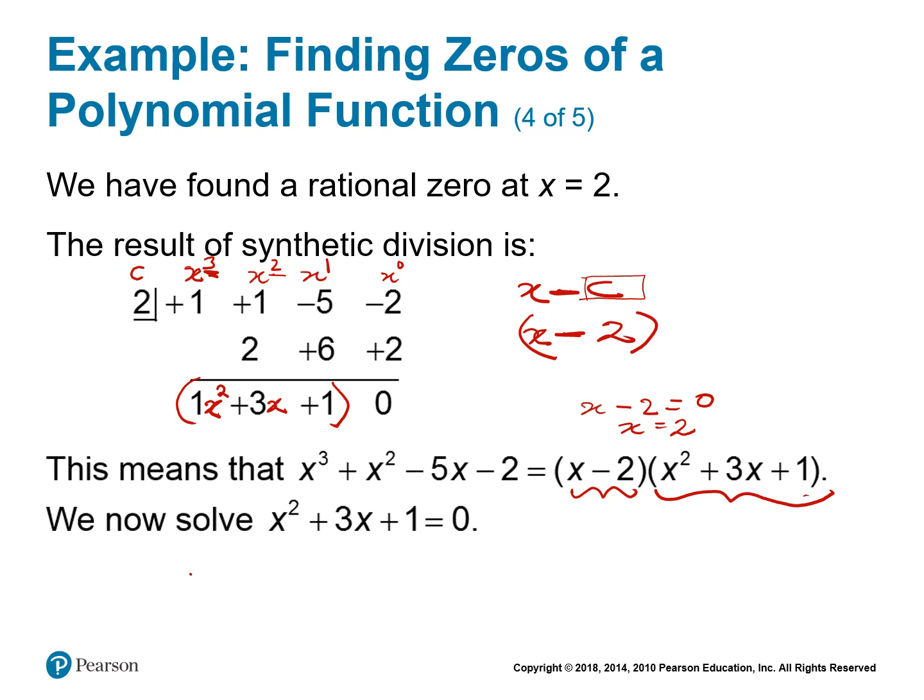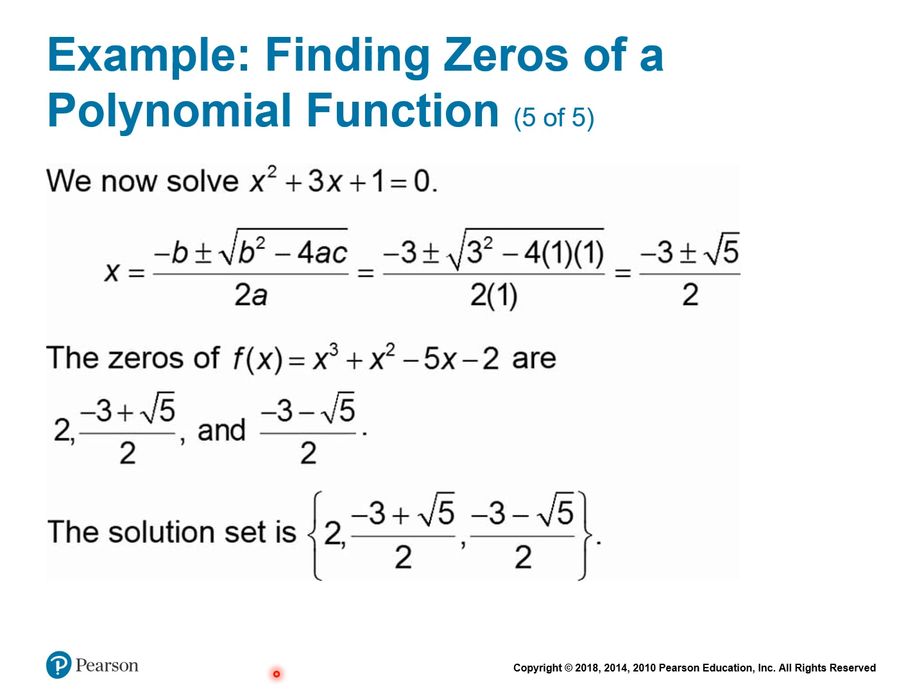So let me just write the quadratic equation here: x equals minus b plus or minus square root of b squared minus 4ac, over 2a. That's the quadratic formula which we are going to use in the next slide to solve for x in x squared plus 3x plus 1.